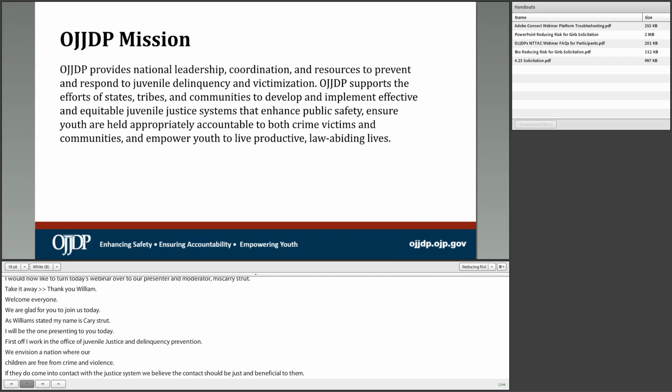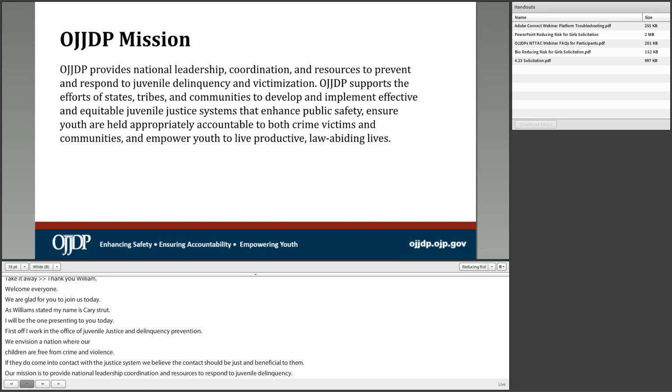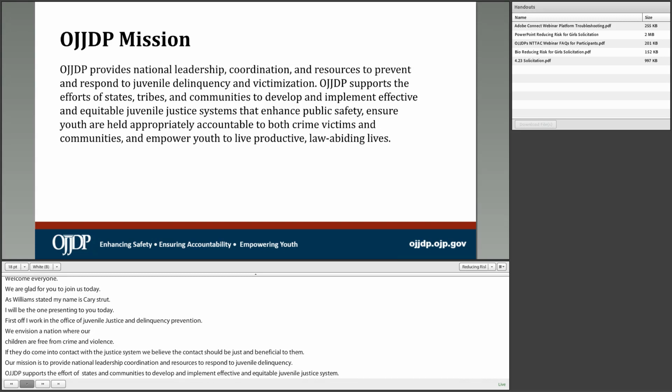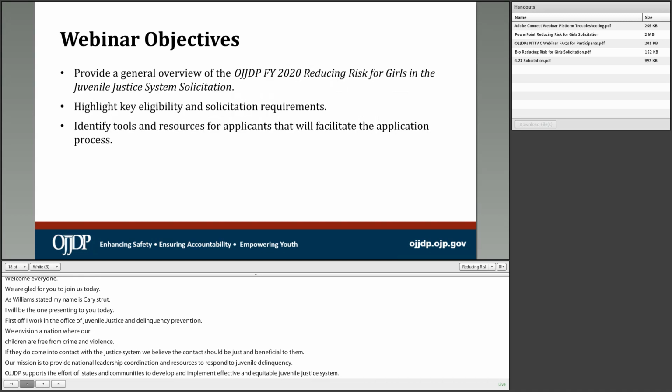OJJDP supports the efforts of states, tribes, and communities to develop and implement effective and equitable juvenile justice systems that enhance public safety, ensure youth are held appropriately accountable to both crime victims and communities, and also empower youth to live productive, law-abiding lives.